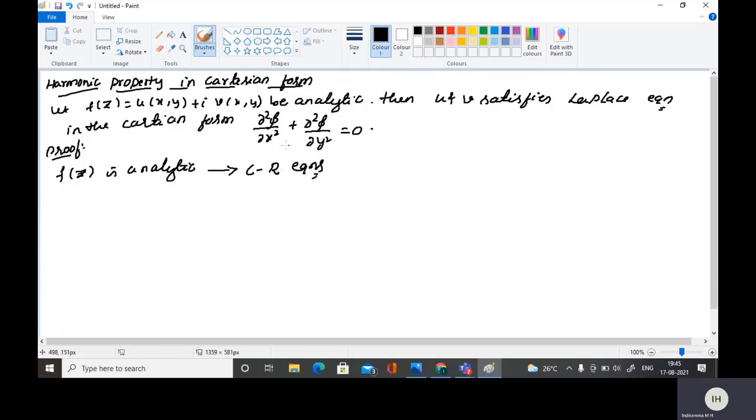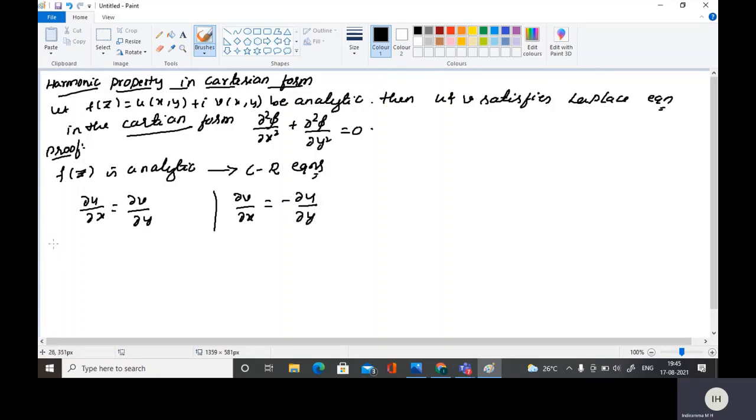Since I am considering the Cartesian form, I will consider the CR equations in the Cartesian form itself. What is the CR equation in Cartesian form? Ux is equal to Vy, that is dou u by dou x equals dou v by dou y, and Vx, that is dou v by dou x, is equal to minus Uy, dou u by dou y.